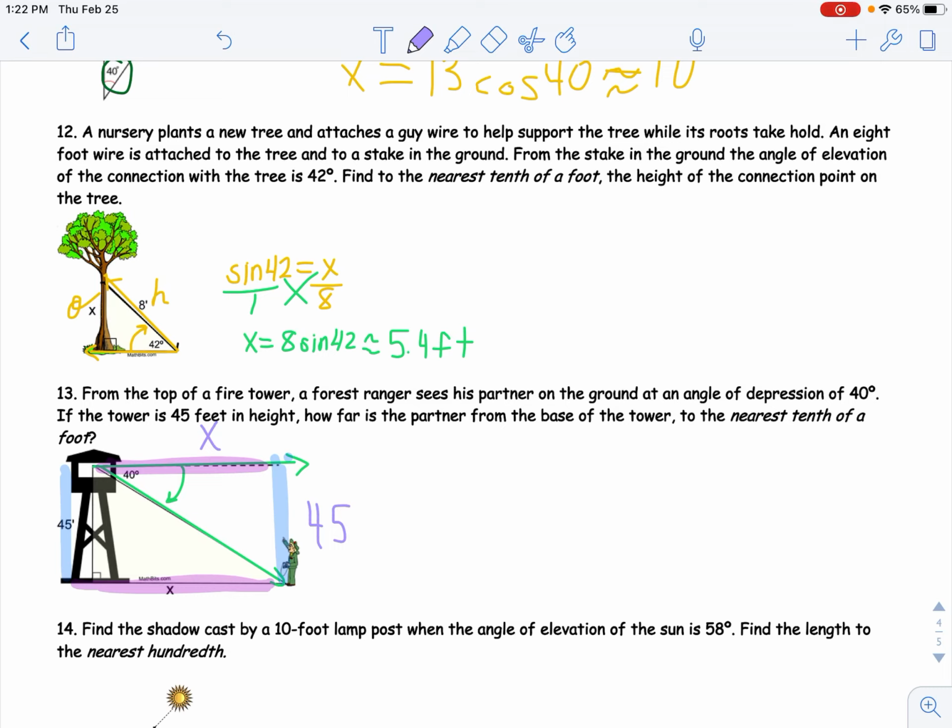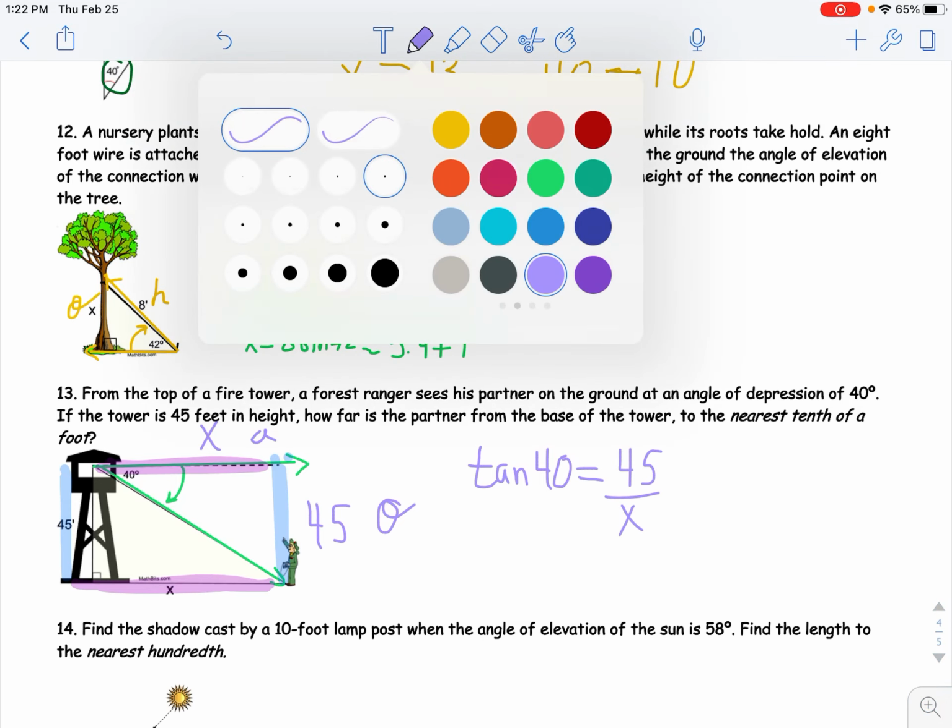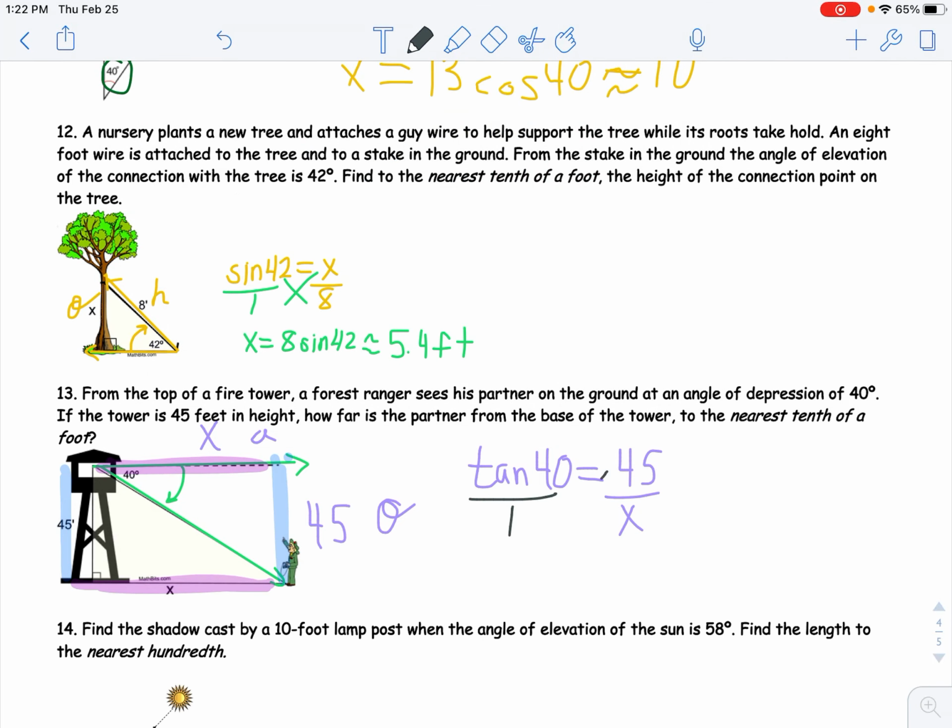And then that way we're going to get adjacent, opposite, so tangent. Tangent is probably the most useful in real world, although they're all pretty darn useful, but I'd say tangent is the most popular one. Haven't seen this in a while where our variable is in the denominator, sometimes it just be like that. x tan 40 equals 45.